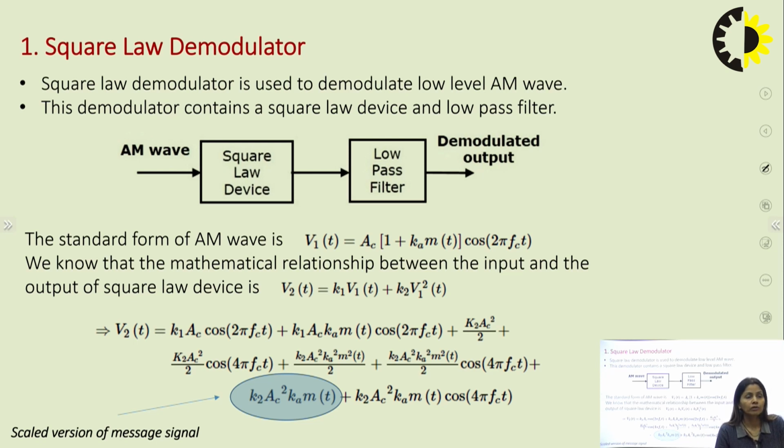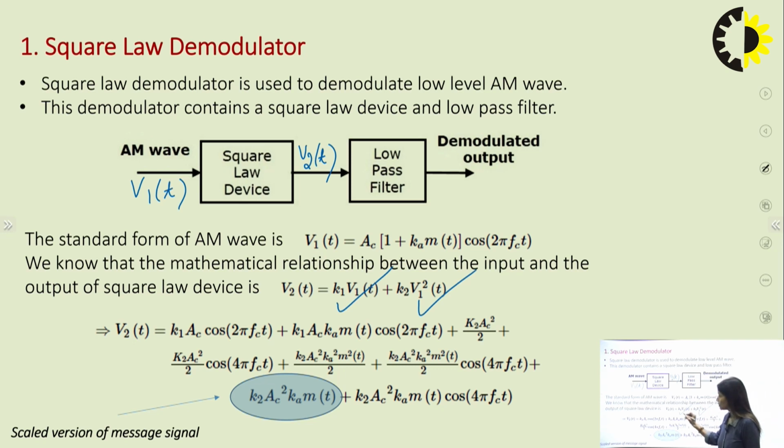What will this square law device do? Whatever V1(t) I am giving, V2(t) is K1 V1(t) plus K2 V1 square (t). Okay.